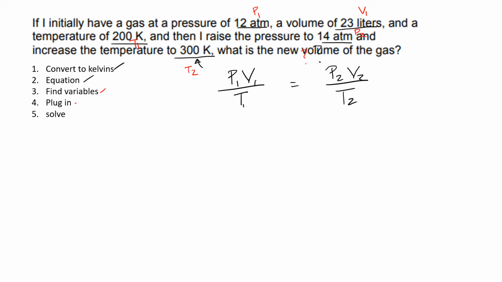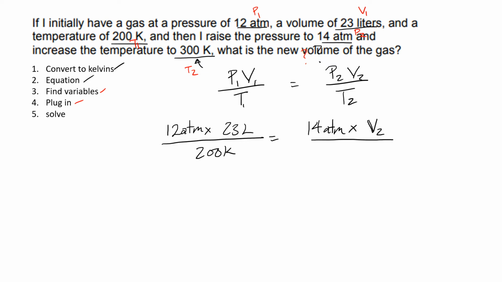So next we plug in. P1 is 12 atm times V1, which is 23 liters, divided by T1, which is 200 kelvins, is equal to P2, which is 14 atmospheres, times V2, which we don't know, it's going to be our variable to solve, divided by 300 K. For these problems, if you always cross multiply, you'll never go wrong.